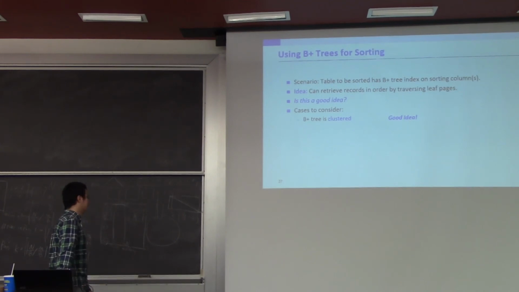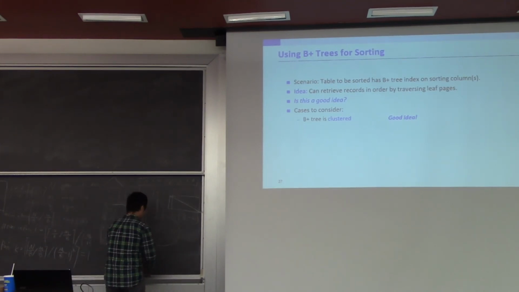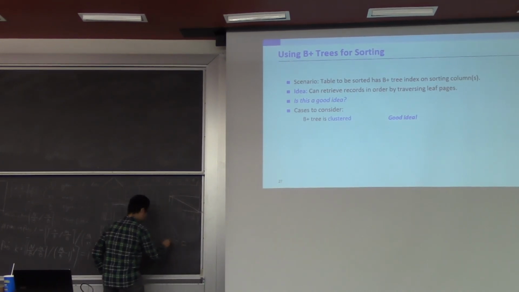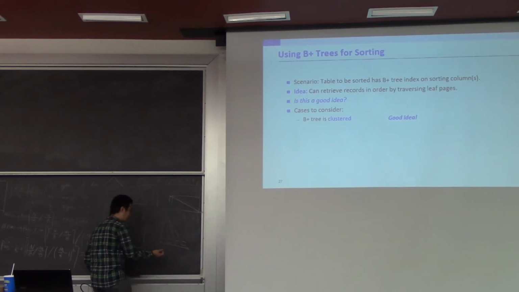If I draw a picture, you have a tree here. And this is the leaf level, and it is sorted, right? For a B-tree, this is sorted, and the entries point to some tuples in the heap file.